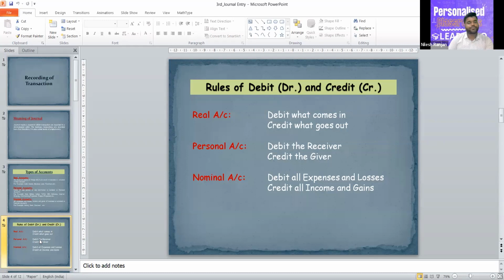So in business, whenever you do a transaction, some item comes in and some item goes out. Simple.